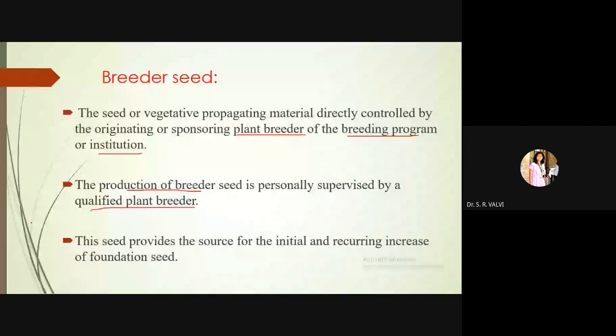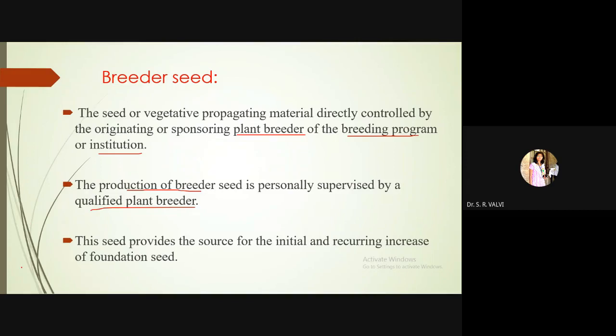The next point: production of breeder seed is personally supervised by a qualified plant breeder, because in a breeding technique you cross two different plants, right? So right from breeding till harvesting, all the stages of that plant should be supervised and observed by a qualified plant breeder.